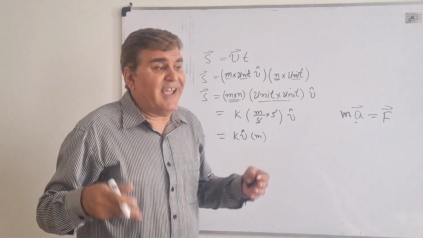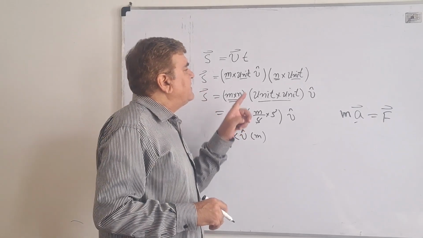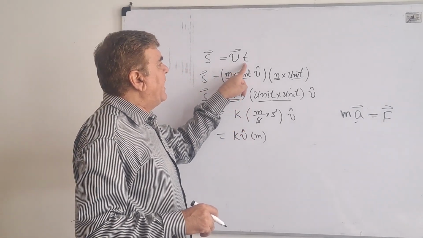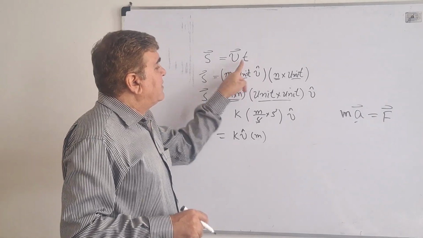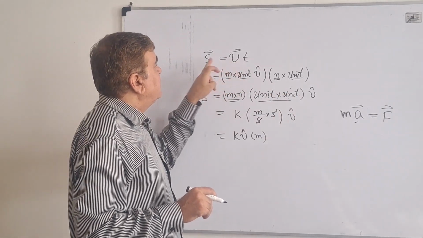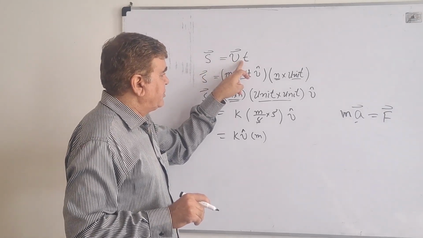They are treated as positive numbers, positive real numbers. So on that basis, we say that when we multiply the vector with a scalar, it leaves the direction unchanged. They are in the same direction.